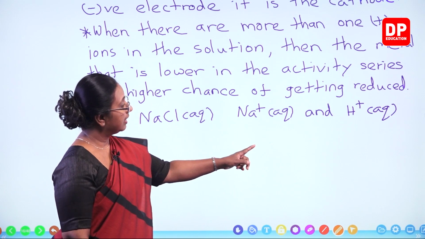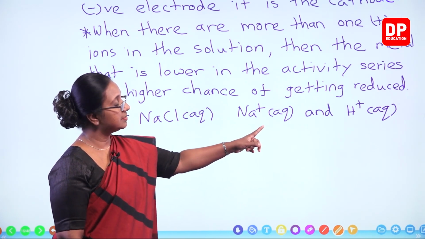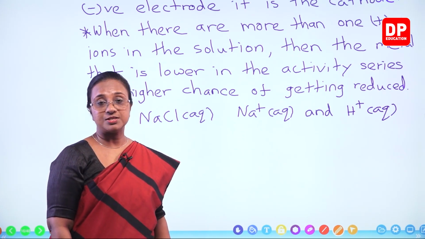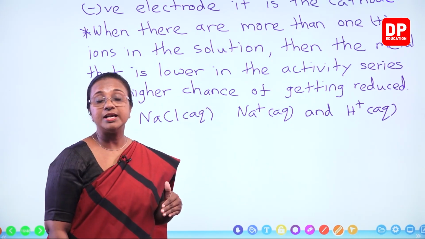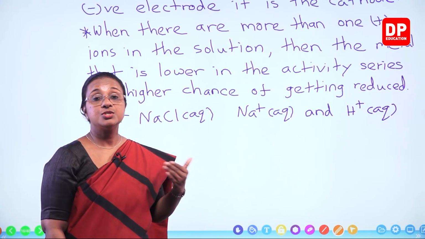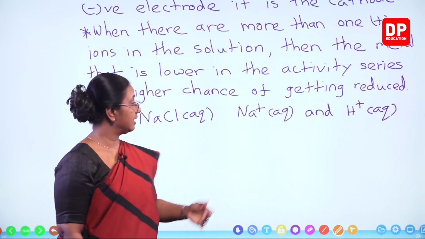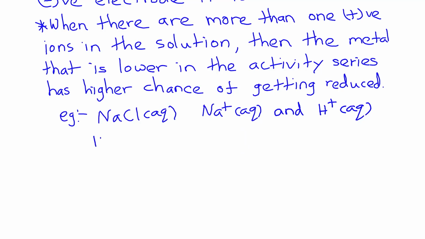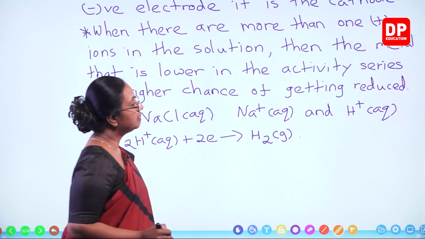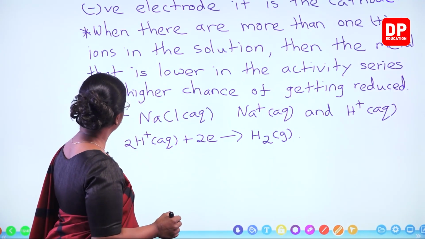But Na plus is more reactive than H plus. So H plus is lower in the activity series. So therefore H plus gets reduced. Then 2 H plus ions take up 2 electrons, getting reduced to H2 gas. So that is what happens there.